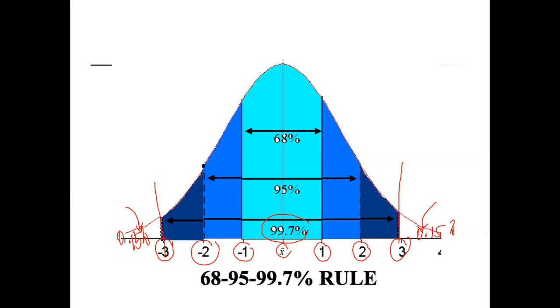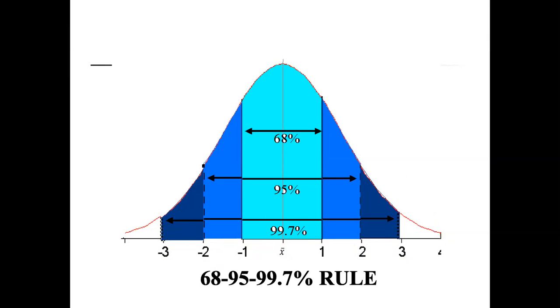So if we sum up everything, 99.7% plus these two percentages we see in the far left and far right of the distribution, that will be approximately equal to 100% of your data found under the normal curve, or under the bell-shaped curve.